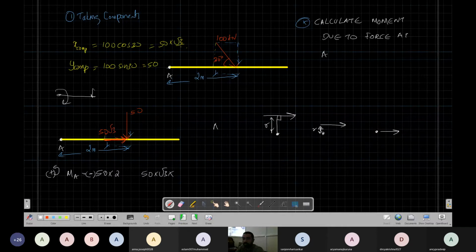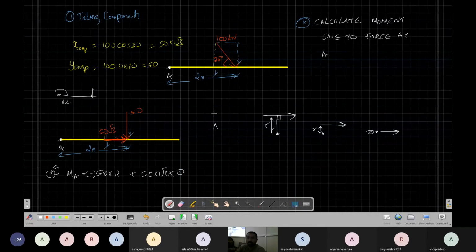If you drop the perpendicular here, the perpendicular distance is 0. So it doesn't matter whether it is clockwise or anti-clockwise, it is 0. Okay, understood.